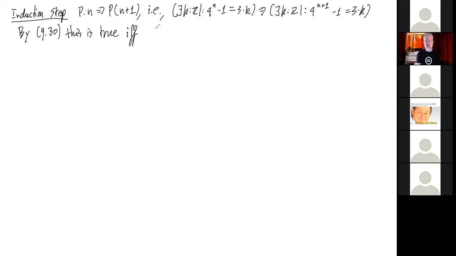So we can rewrite this as 4 to the n minus 1 equals 3 times k hat, where k hat has to be some totally new variable, that implies exists k, 4 to the n plus 1 minus 1 equals 3 times k.